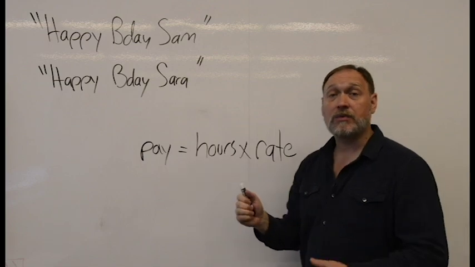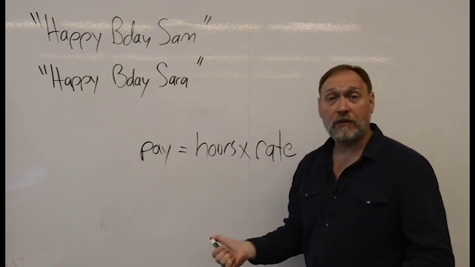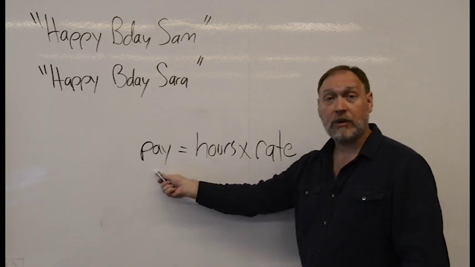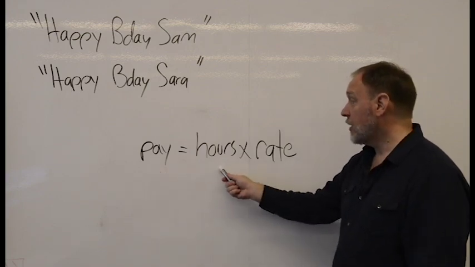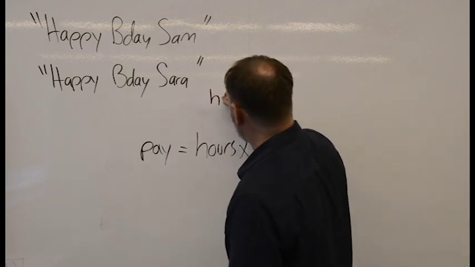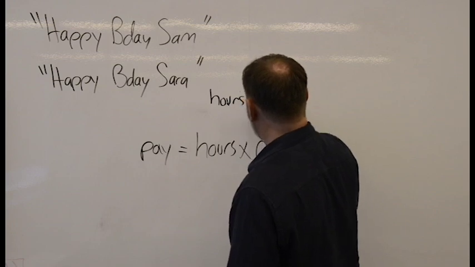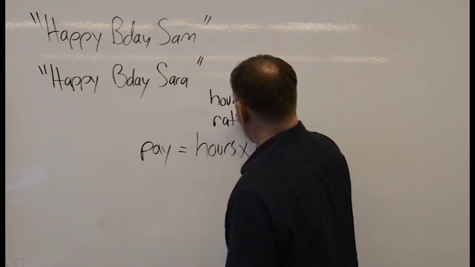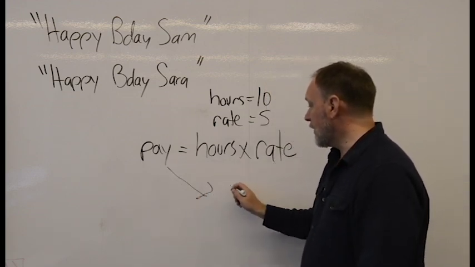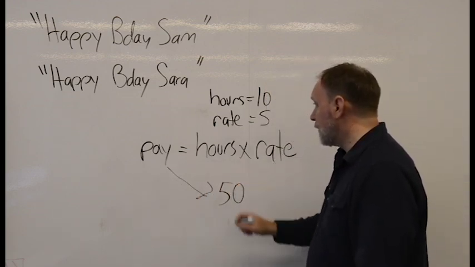Each one of these words represents a variable, an unknown value. But it is also a formula, so we could figure out what the pay is if we know what the hours and the rate are. So if the hours were 10 and the rate was 5, our formula would give us our pay.